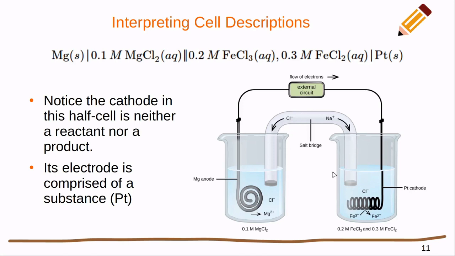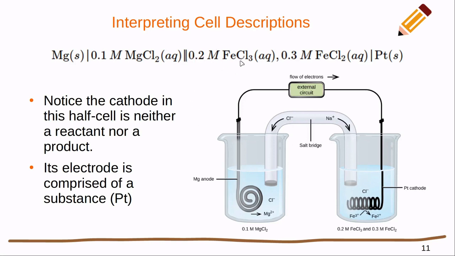An important thing to note here is that so long as this is a very soluble salt, it does not matter what it is. You'll see sodium chloride is very popular, sodium nitrate is very popular, and if you think back to what we've learned about equilibrium and solubility, pretty much any sodium potassium type salt is going to be very soluble and be able to be used as a salt bridge.